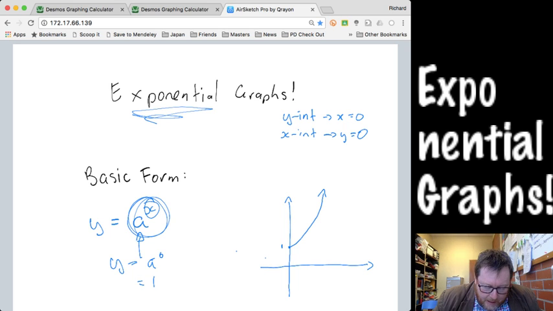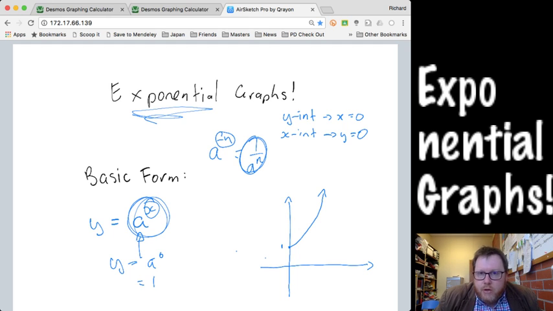And what about when x is getting bigger but negative? Well, when I have a value like a to the power of negative n, remember that our indices laws tell us that that's equal to 1 on a to the power of n. In other words, a negative power turns a value into a fraction.